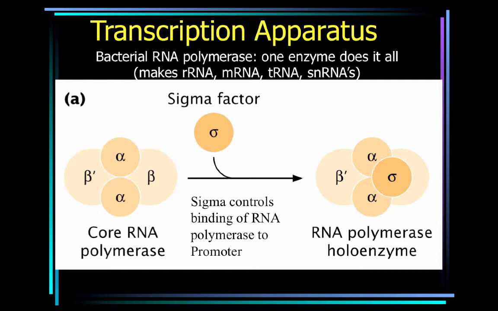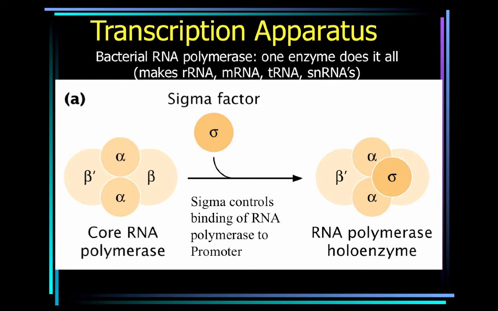So what ends up happening is we have our core RNA polymerase as shown over here on the left-hand side, and that core is going to be made up of 2 beta subunits and 2 alpha subunits. And then for the polymerase to be activated, the sigma factor is going to come in and attach itself to the other 4 subunits to form a holoenzyme.